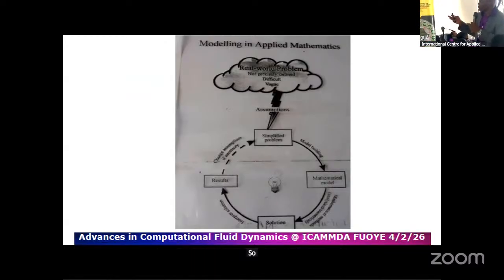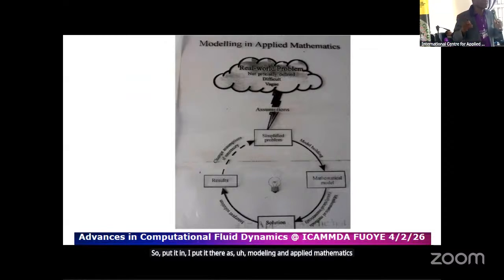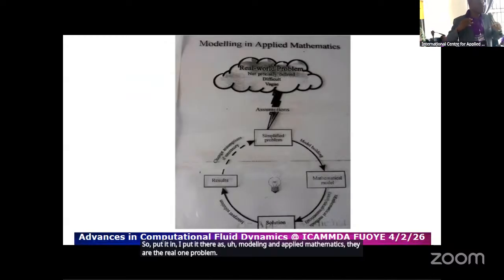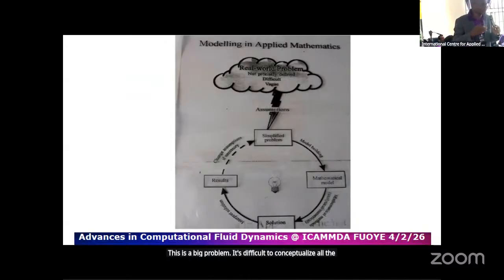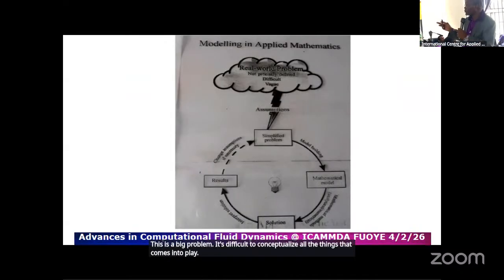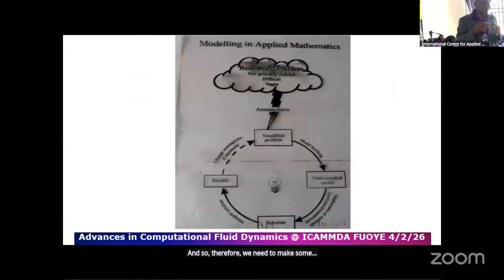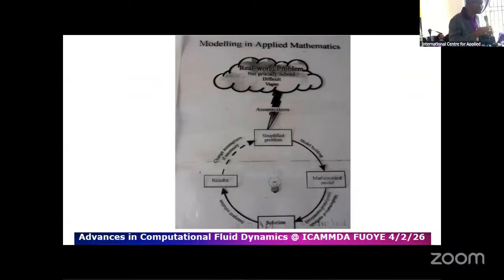So modeling, I put it here as modeling in applied mathematics. We have the real world problem, and it's very big. It's difficult to conceptualize all the things that come into play, and so therefore we need to make some reasonable assumptions that can help us to make the problem tractable and then be able to work around it.